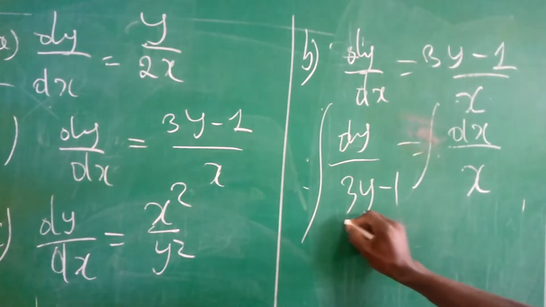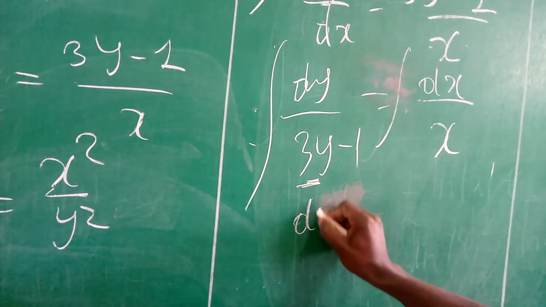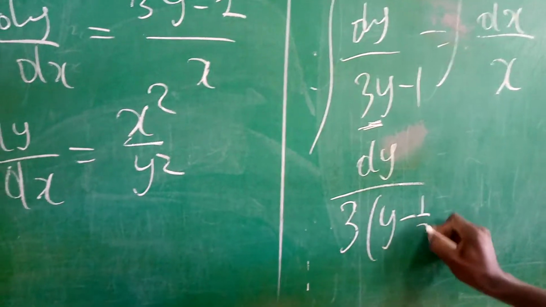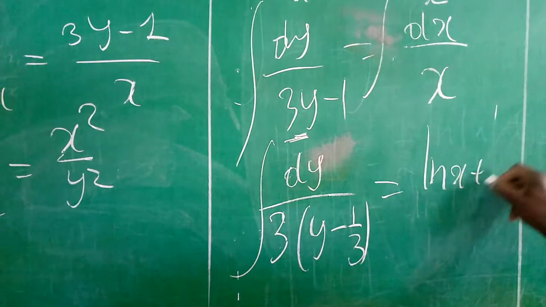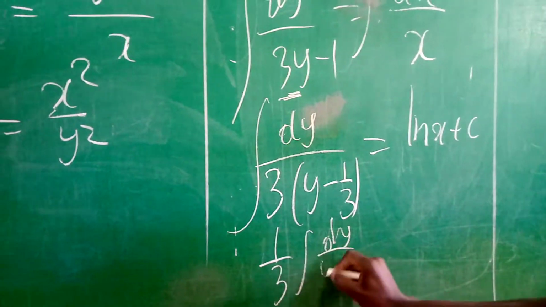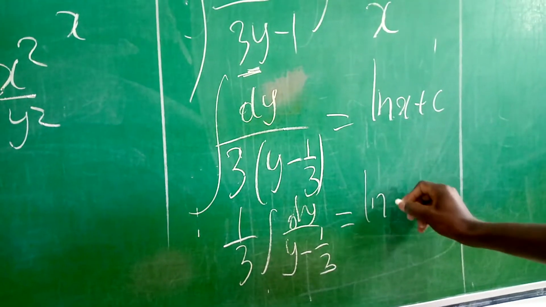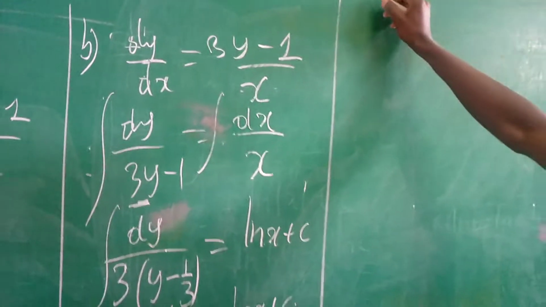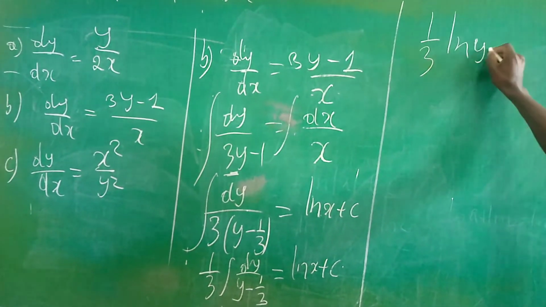Then we get the integral of dy over 3y minus 1, which is 1 over 3 dy over y minus 1 over 3, equal to ln x plus c.